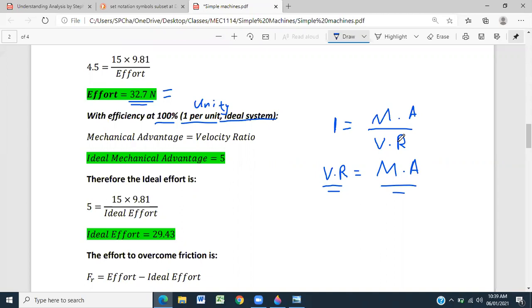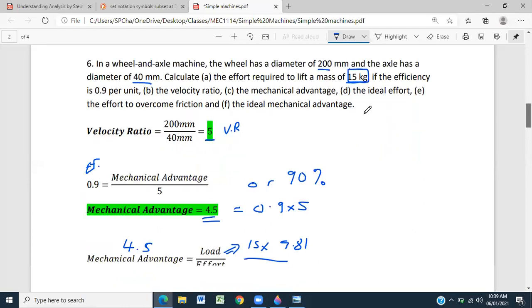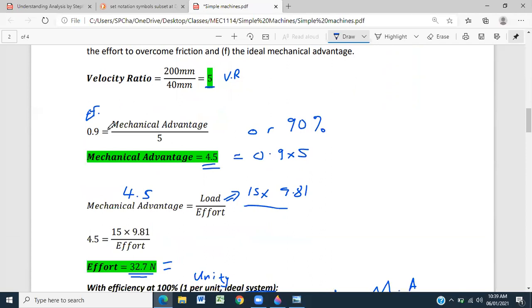So now the velocity ratio of any machine, or for a wheel and axle, is set, right? Diameters aren't going to change, right? But friction is an unknown, and friction varies with the efficiency, right? So here would always be 5, and as efficiency goes up and down, mechanical advantage would change.